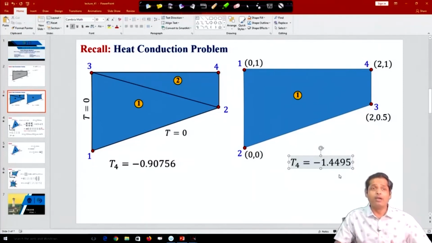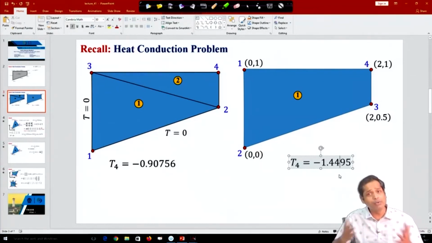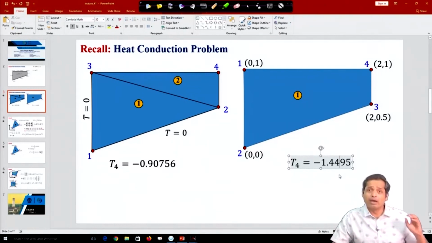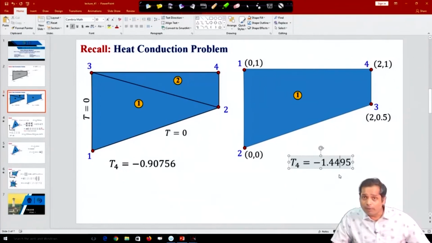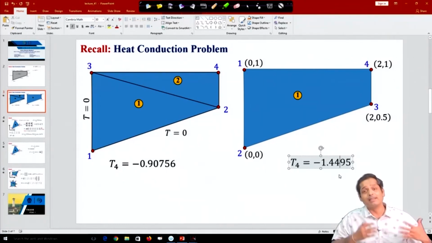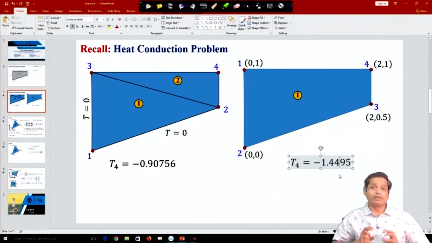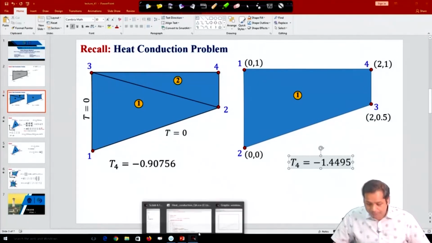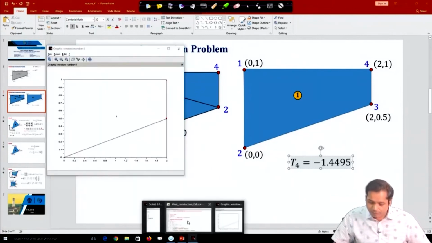This is very important. Before you apply this code to another problem for which you don't know the solution, it is very important to apply the program to a problem for which we know the solution, and then see whether our code gives the solution or not. That is very important.